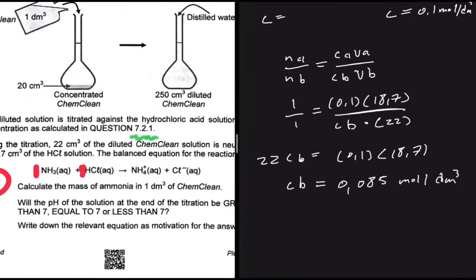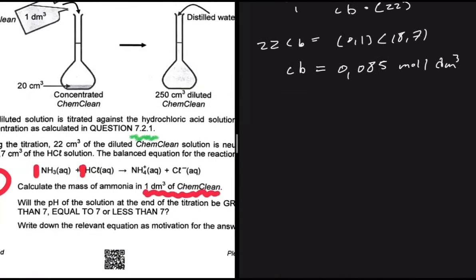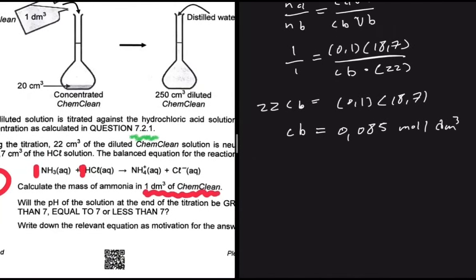But then we want the mass of ammonia in 1 decimeter cube of the concentrated Chemiclean. This is where this formula comes in. The concentration of the concentrated solution multiplied by the volume of the concentrated solution should be equal to the concentration of the dilute solution multiplied by the volume of the dilute solution.